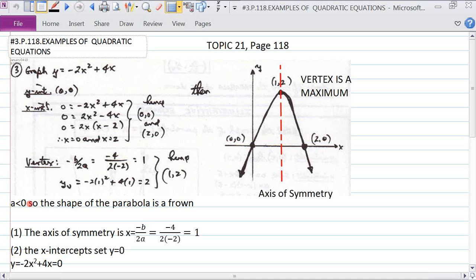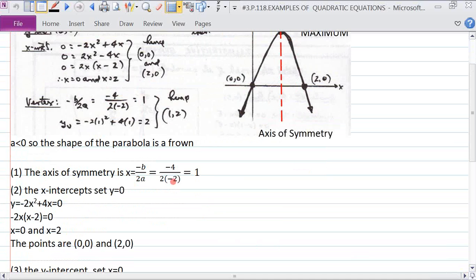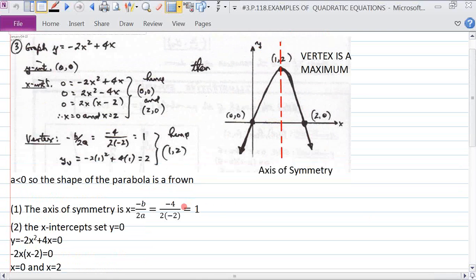So a is less than 0, so the shape of the parabola is a frown. The axis of symmetry is x equals minus b over 2a, and minus b is minus 4 over 2 times minus 2. So minus 4 over minus 4 is plus 1.